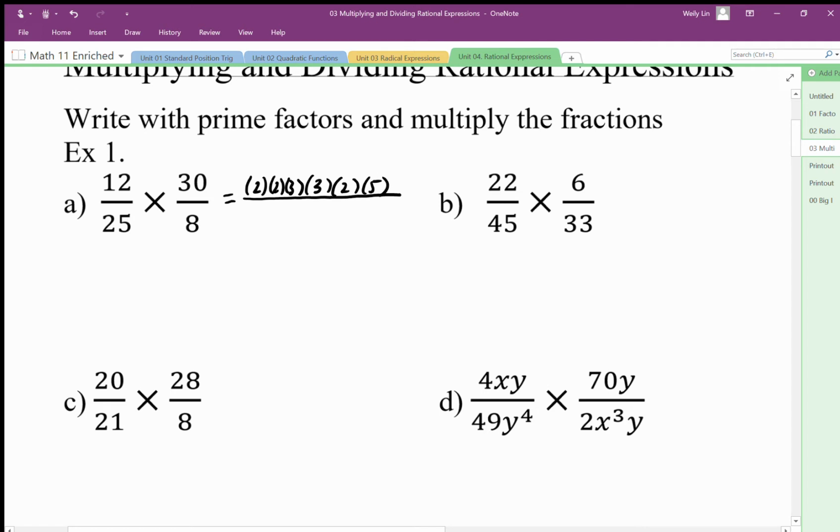Now we could keep them separate if you like. You can group them into, this is my 12 and this is my 30. But since this is a fraction and we're multiplying, it's all just one big fraction. In the denominator, we end up with 5 times 5 and 2 times 2 times 2.